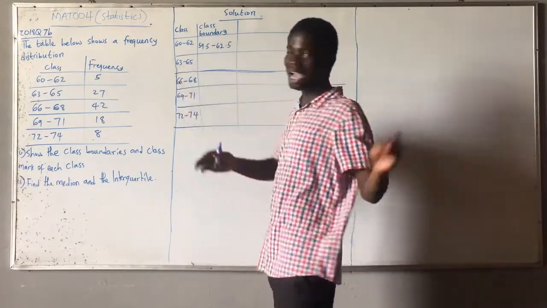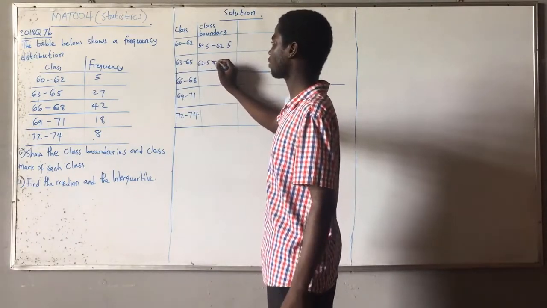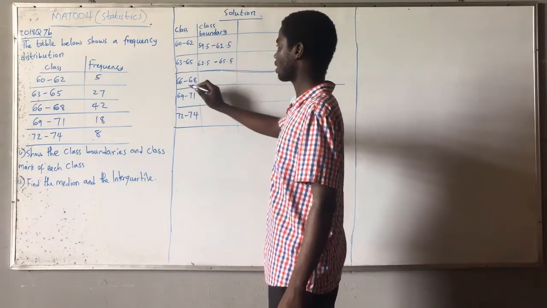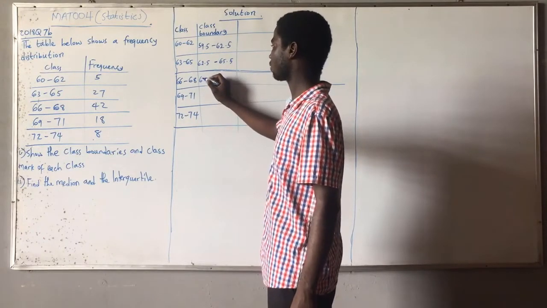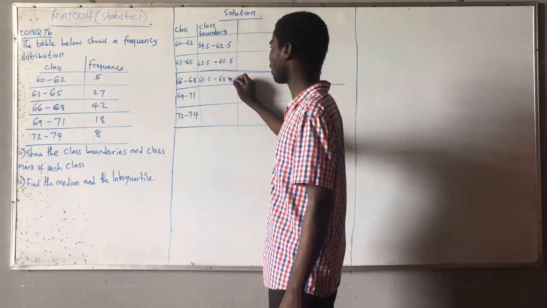So 63 minus 0.5, you have 62.5 to 65.5. Then you have again 65.5 to 68.5.